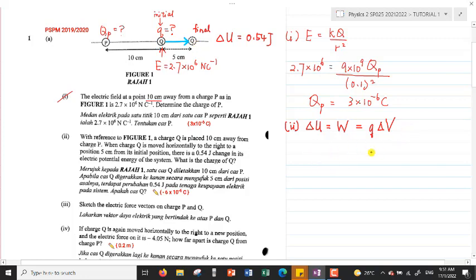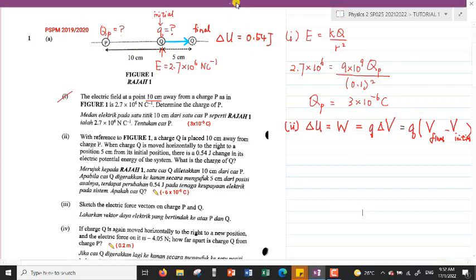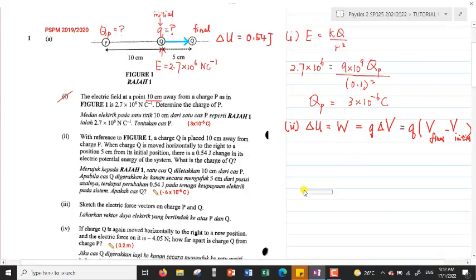So let's arrange it further. The change in potential will be the potential at the final position minus the potential at the initial position. Okay, so the change in potential energy is given, 0.54.